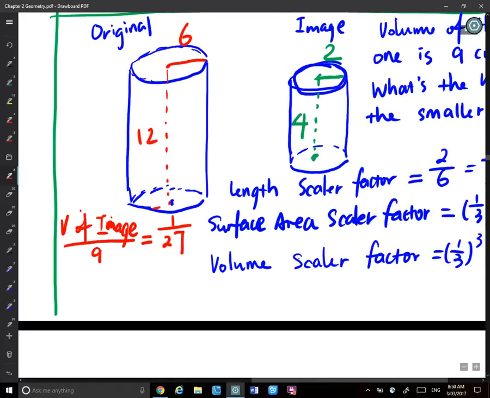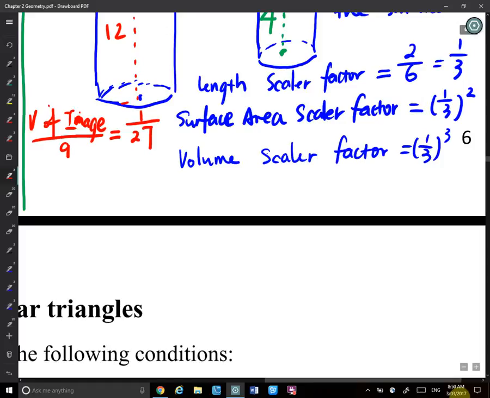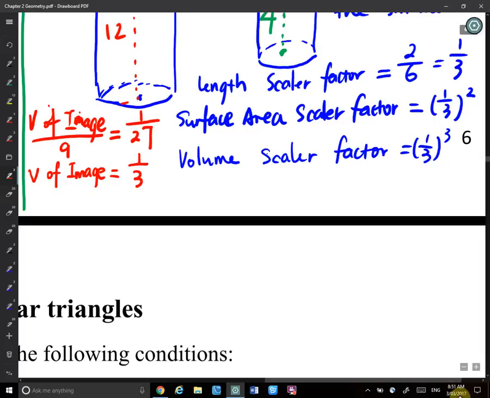Then the volume of the image, which is the smaller one, we times 9 on both sides, which is 1 on 3 centimeters cubed. So the volume of the image is 1/3.